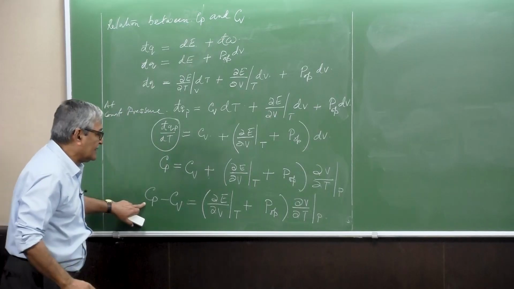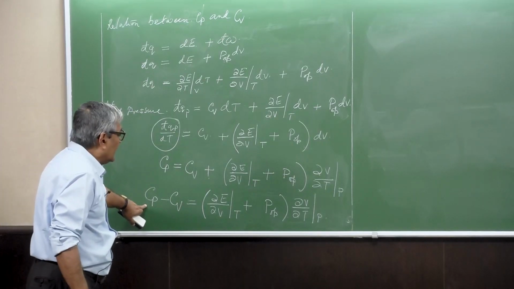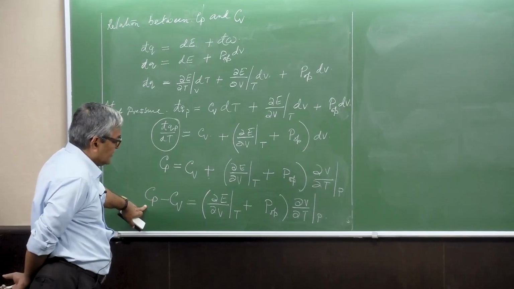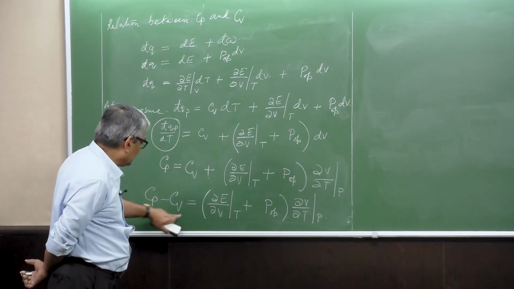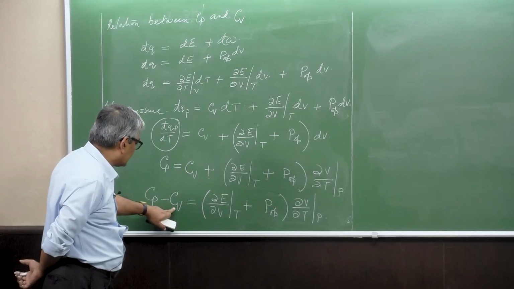This is a relation between properties, Cp minus Cv.